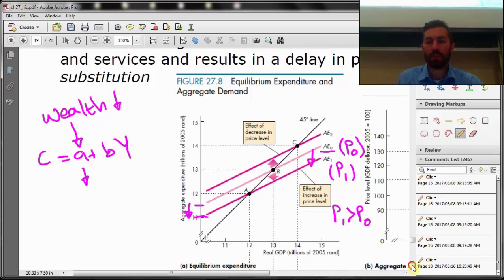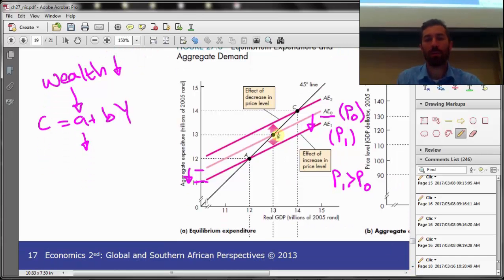What happens to the equilibrium level of output when we change prices? The equilibrium level of output that we are prepared to purchase. In other words, the output that we demand, right? At P0, our equilibrium level of output was 13. When prices increased to P1, our equilibrium level of output decreased.